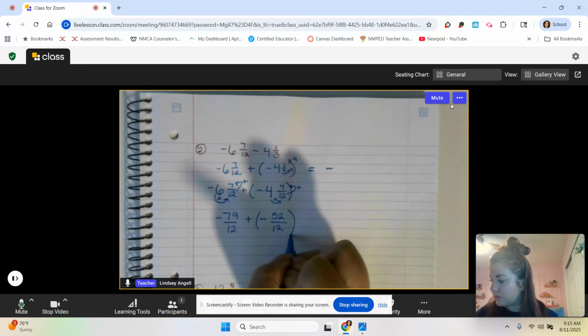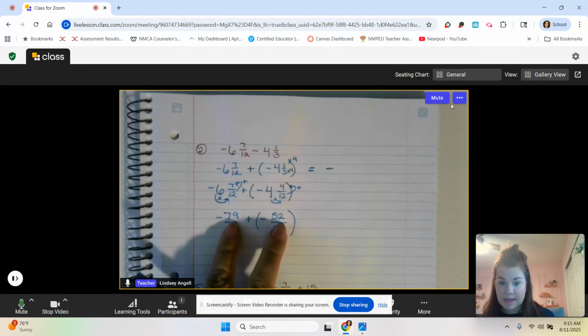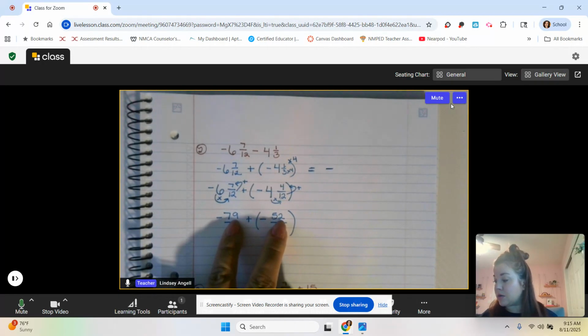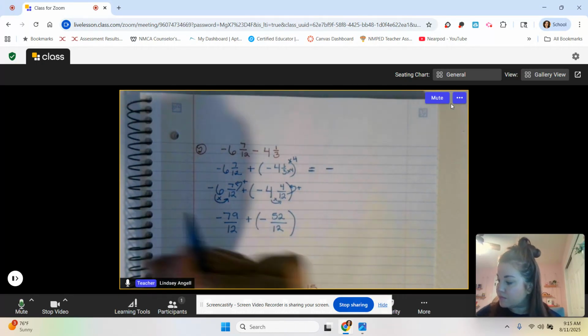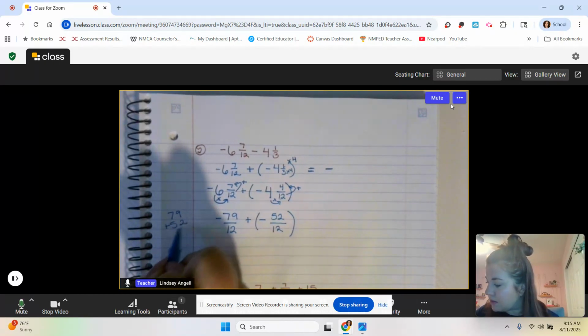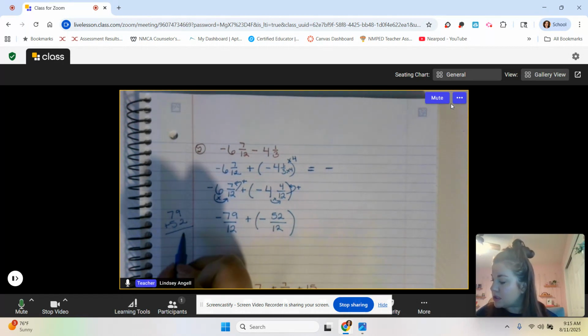okay, over 12. Now remember, we're combining them, right? Remember that from earlier, we're combining them. And so really we need to know, well, what is 79 plus 52? I'm going to do that off to the side. My brain doesn't feel like doing that in its head right now. So 79 plus 52. 9 plus 2 is 11.